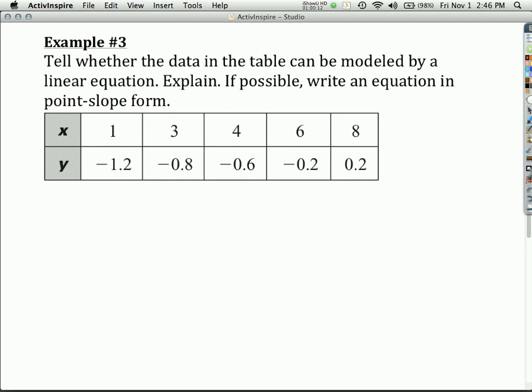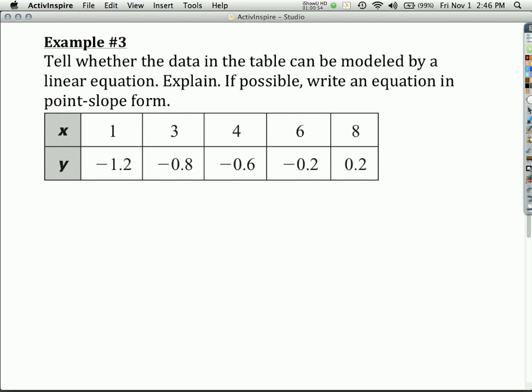You have to read it, but you do need the table.